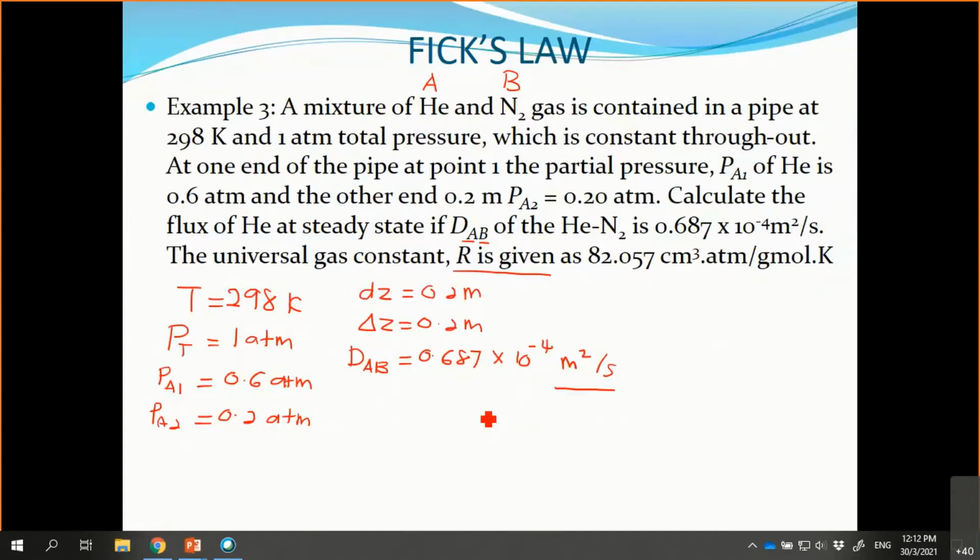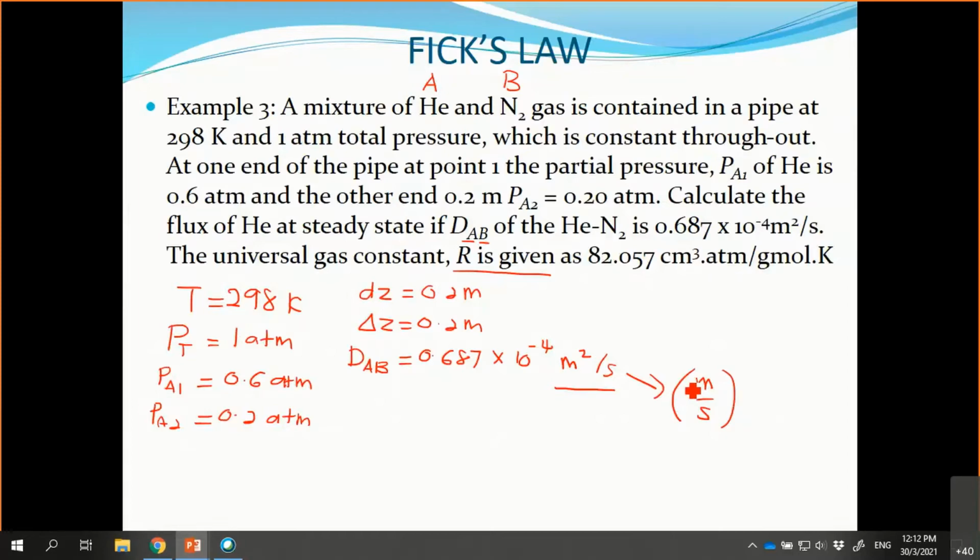So this meter squared per second can be defined as how fast our gas or our diffusion is happening. We can break down this unit into, first of all, how fast is our velocity: meter per second is the unit for velocity or speed.